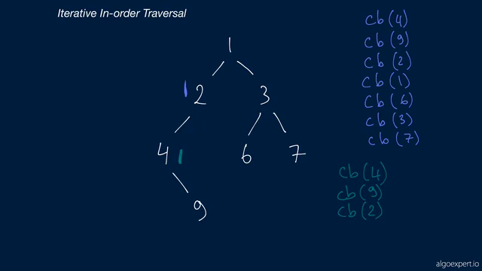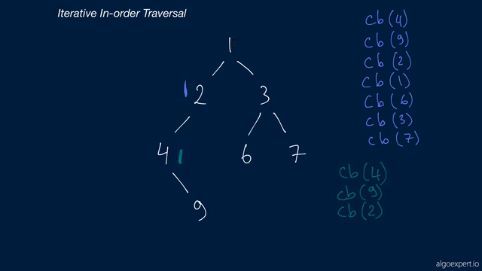And once we've called callback of 2, we're going to set our new current node to be either our right child or our parent node. Why that? Well, because when we call the callback on ourselves, remember, we always want to go right. If we can't go right because we don't have a right child node, then we go further up.